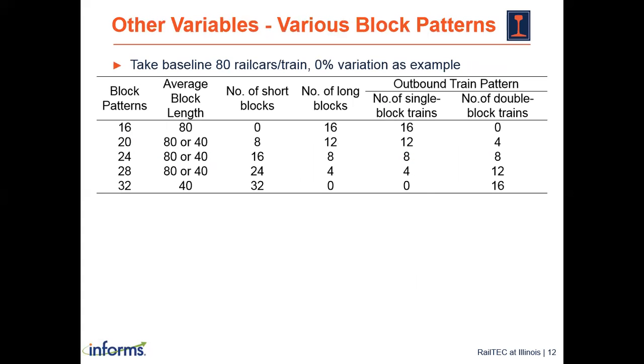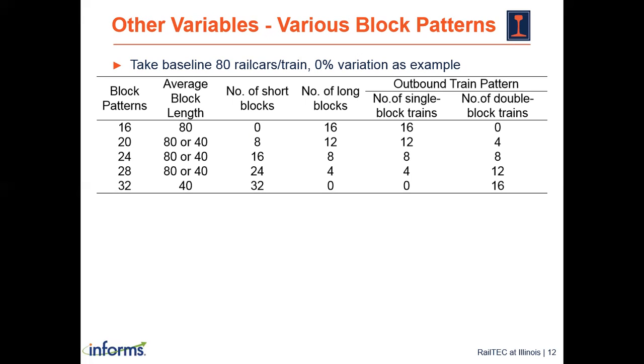After studying the throughput and the volume variation, the factor of block pattern is also introduced. Take the baseline of 80 cars per train with no volume variation as an example. There are 5 block patterns with various combinations of short and long blocks. The total number of blocks formed in the yard varies from 16 to 32.